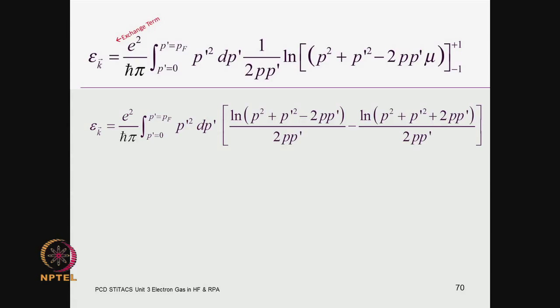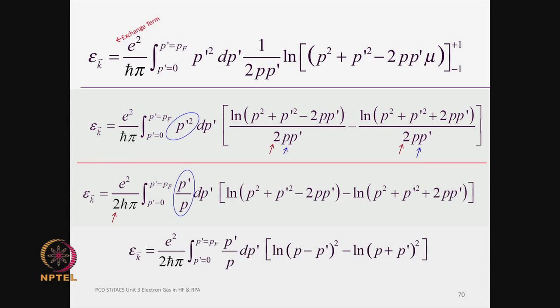So this is what you get after the integration over mu or cos theta has been completed. Now notice that there is a p prime square here and you have got a p prime in the denominator. So one of these powers can be reduced and you simplify this expression a little bit. Having reduced one of the powers, you get p prime over p. This p is coming from this common p in the denominator in both the terms.